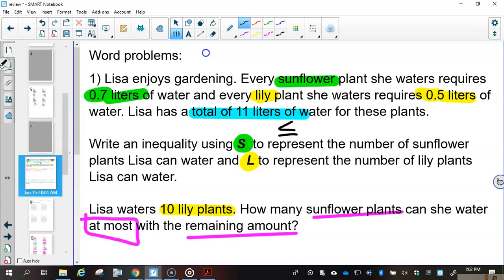No. Using the numbers you have. Where is 0.75? 0.7 S. It's less than or equal to.